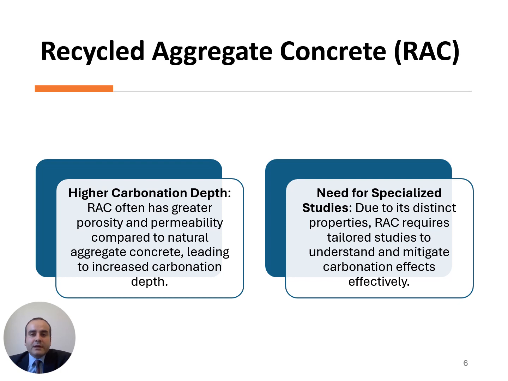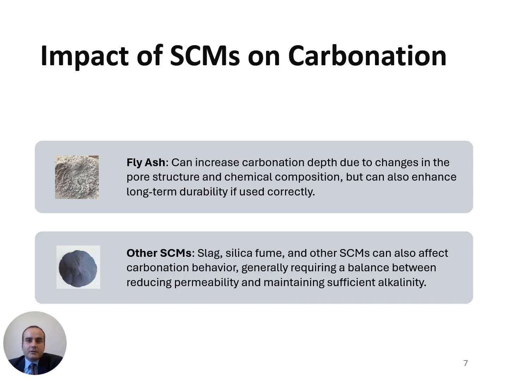Additionally, recycled aggregate concrete's reduced alkalinity diminishes its ability to protect steel reinforcement from corrosion. To mitigate these effects, as discussed, a wide range of preventive measures can be taken. While recycled aggregate offers sustainability benefits, its higher susceptibility to carbonation necessitates these preventive measures to ensure durability.